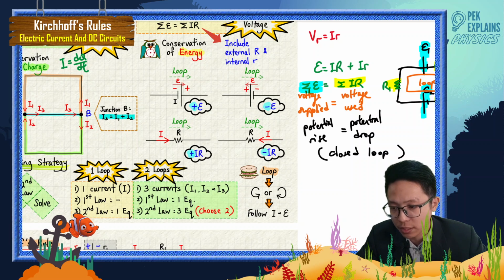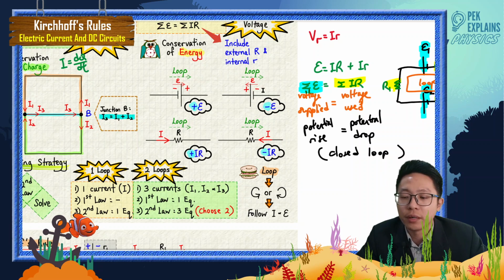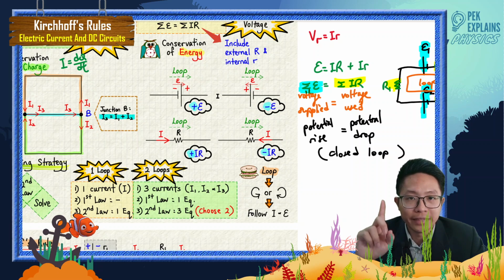Like you see the first battery here, the direction is to the right, because it is from negative to positive. Whereas for the second battery, the direction of EMF is to the left, because it is from negative to positive.